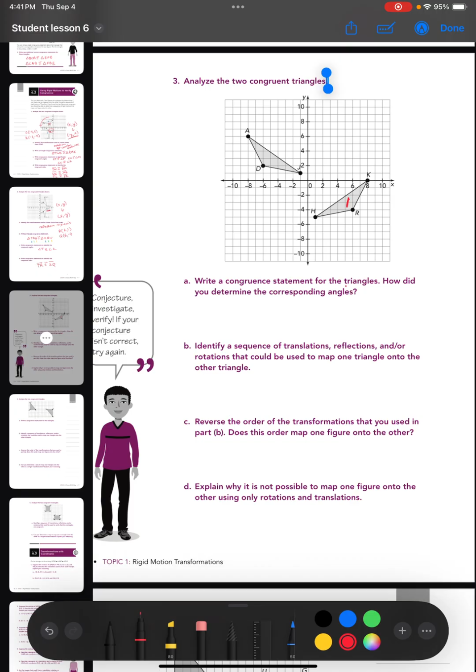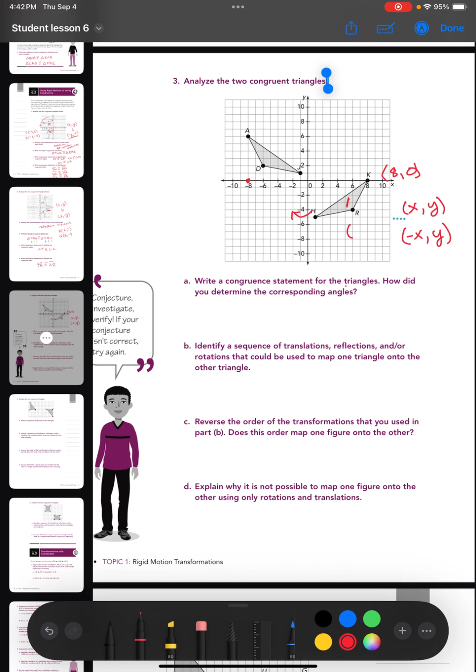KRH, first trying to get it over to that figure, I'm thinking of reflecting it in this direction. Our reflection rule across the y-axis is that (x, y) becomes (negative x, y). This point right here is at 8, 0, so it should reflect to negative 8, 0.